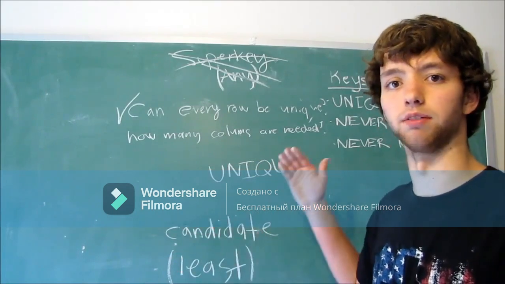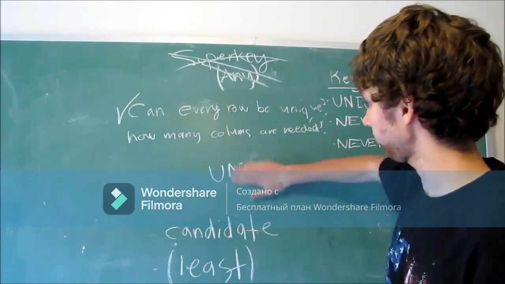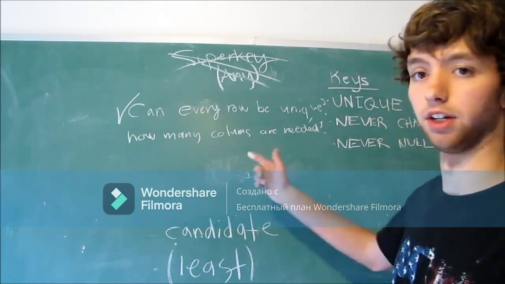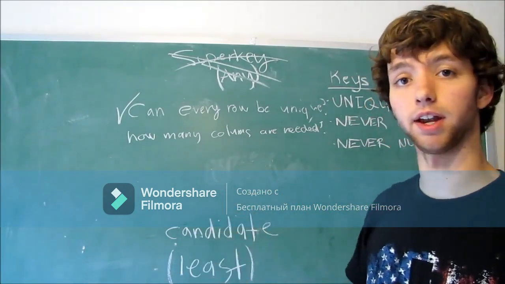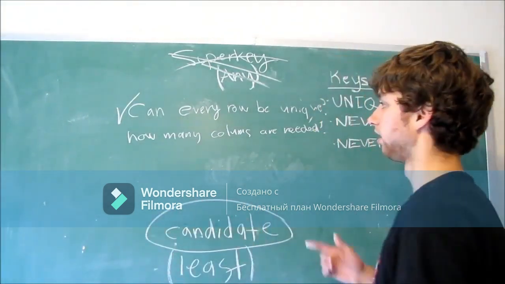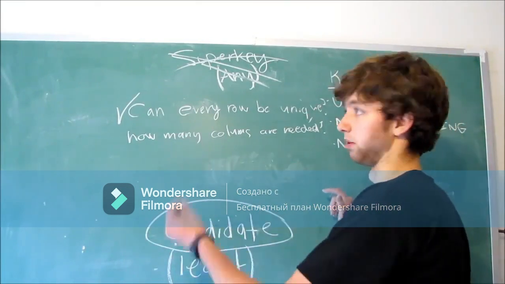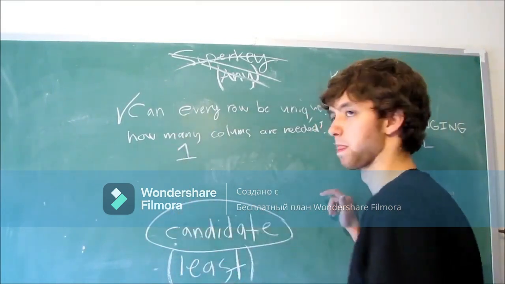So if it's not unique, we give it an error. That's how we force values to be unique. So how many columns are needed? Once we figure that out, we have what's known as a candidate key. So in the last example, it was just one because we could use the username.